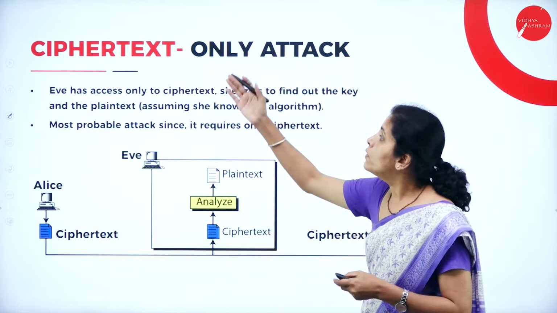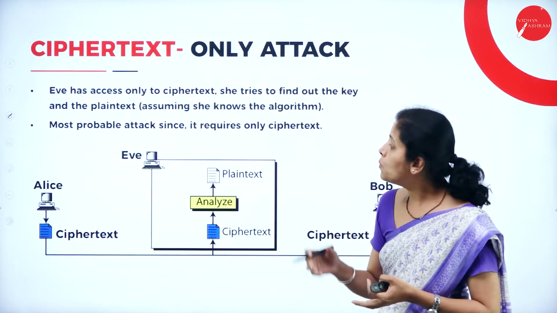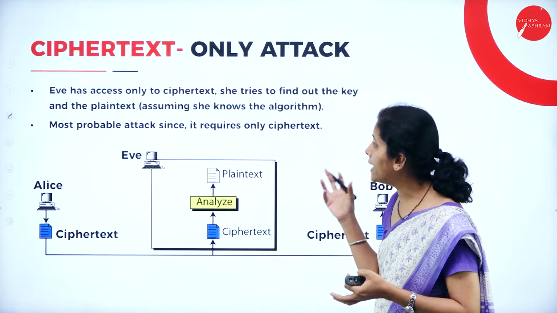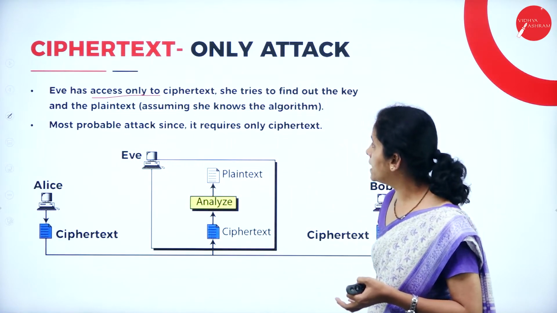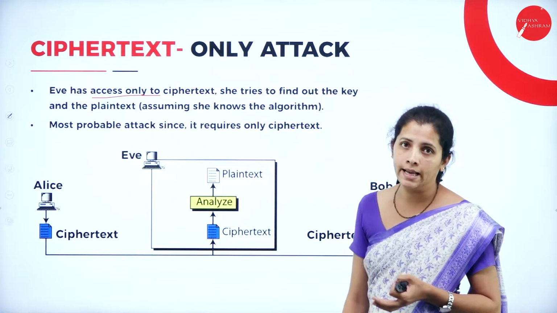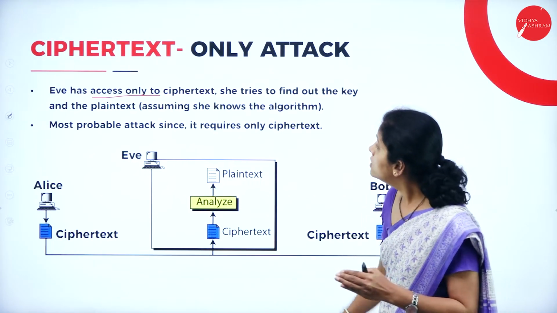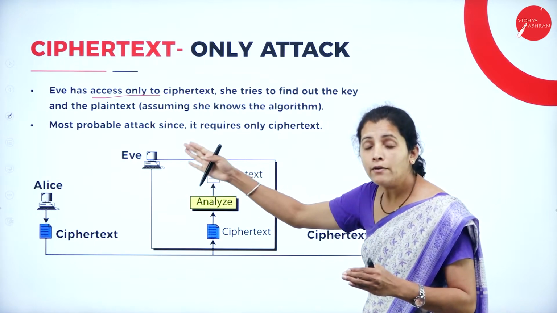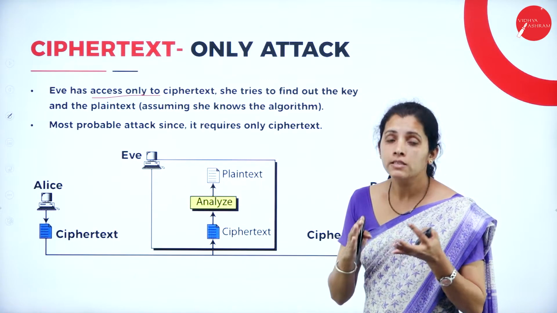Now I'm going to explain the ciphertext only attack. So what is this ciphertext only attack? Eve has access only to the ciphertext. She tries to find out the key and plaintext. So during the transmission of data, the intruder or adversary Eve gains access to the ciphertext.